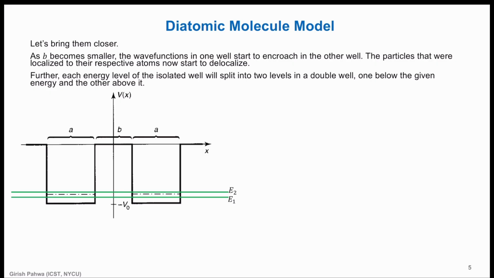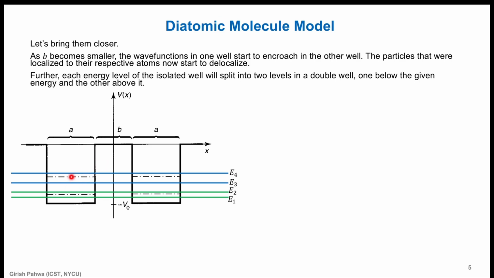Similarly, the higher levels. So this was the first excited state. It will also split in energy. So E3 and E4, and the splitting here is larger. Okay, so basically these are interacting more. You saw that the extent of the wave function outside this attractive potential was larger.